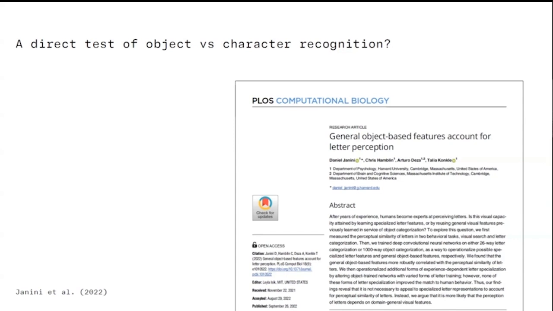What are the non-objects? And second, they are using machine learning, the neural networks, as a model of how humans actually function. Even if you prove the machine learning model can do this, that does not mean that humans do it the same way.